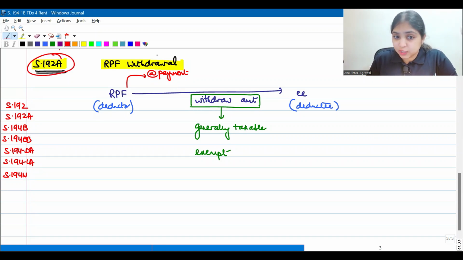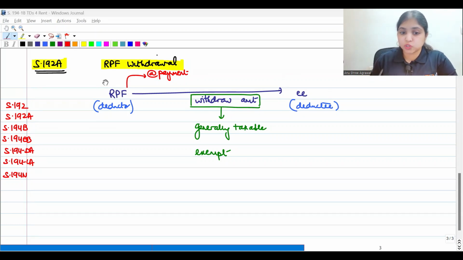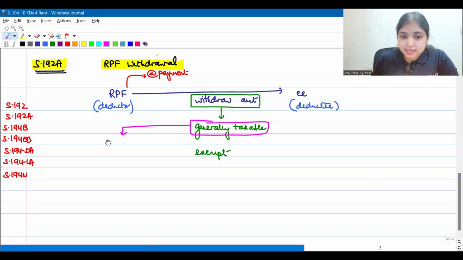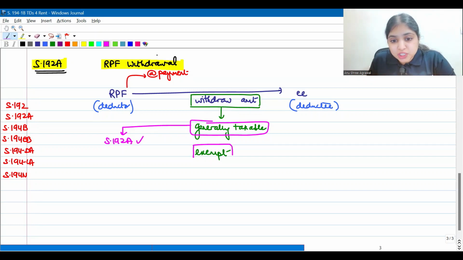So under section 192A, when the employee is withdrawing amount from the RPF, at the time of payment, at the time of withdrawal, RPF will deduct tax at source. Alright. Now listen, only if this RPF withdrawal is taxable, only then section 192A TDS will apply. In simple words, if the amount which is withdrawn is exempt, then in that case, section 192A TDS will not apply.